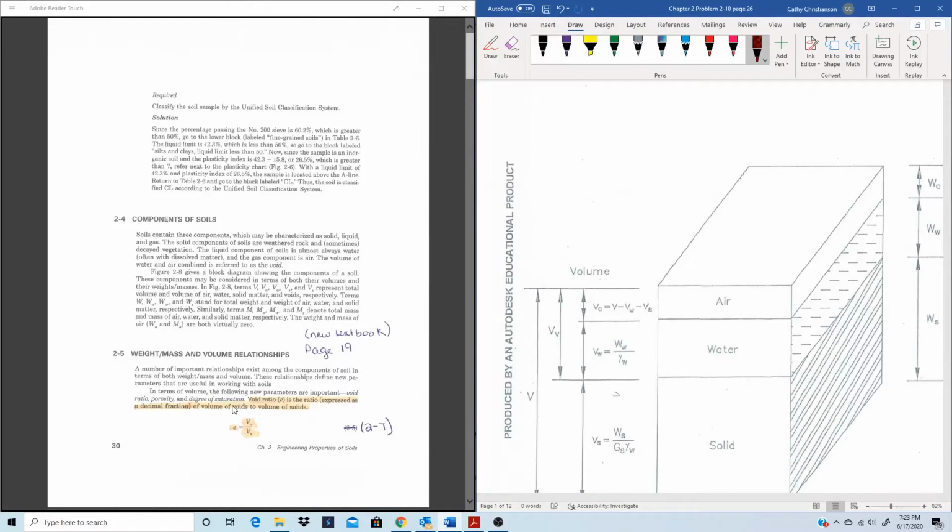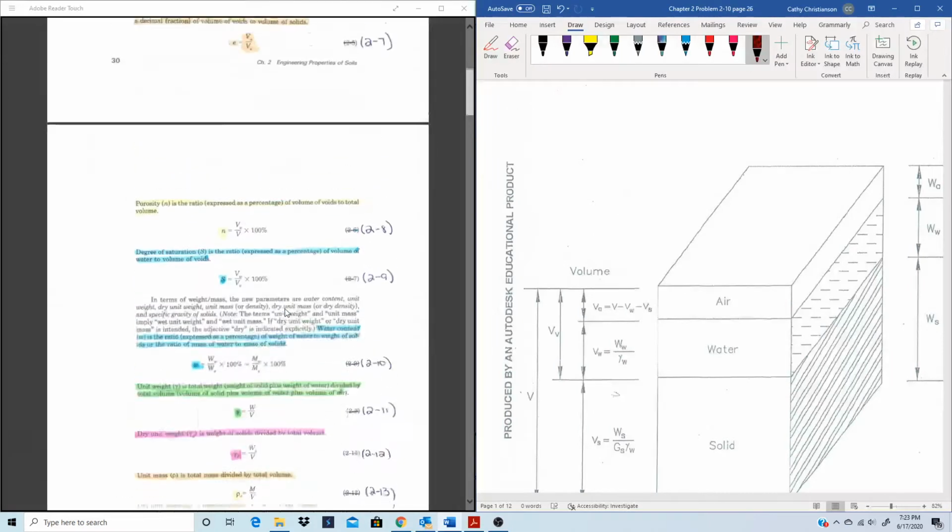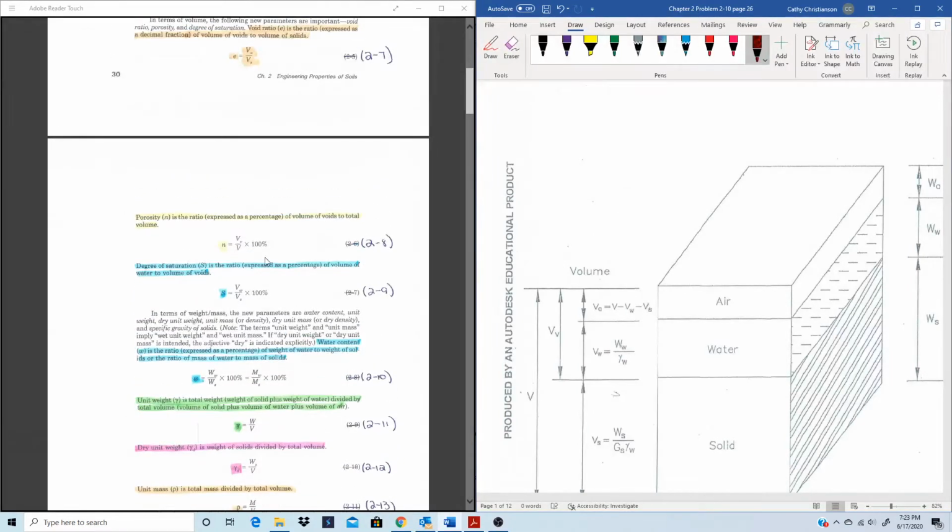So here are our equations. Now, the terms are right up top for you if you want to read over those if you're not sure about them. These are our basic formulas that we use. The void ratio, porosity, degree of saturation.